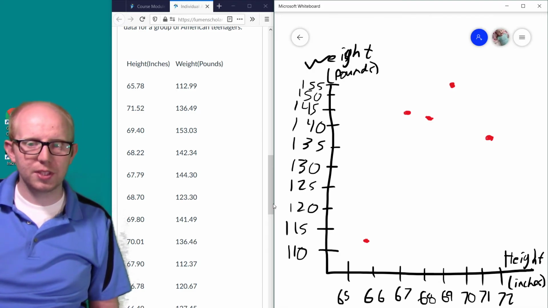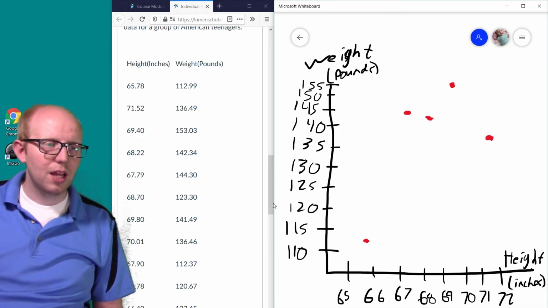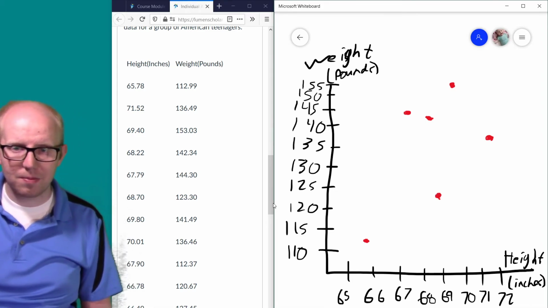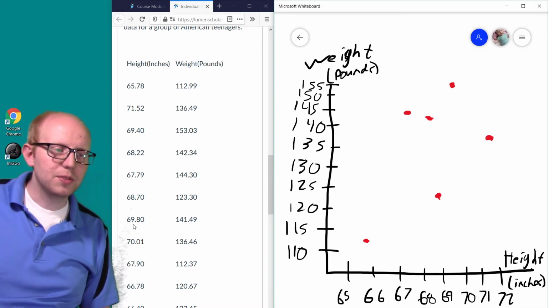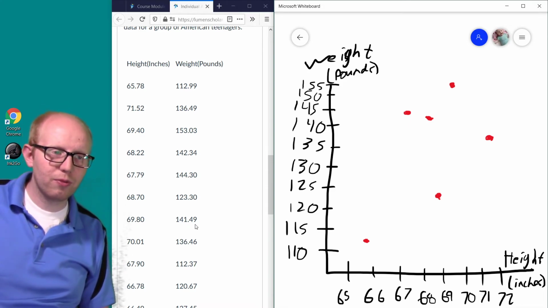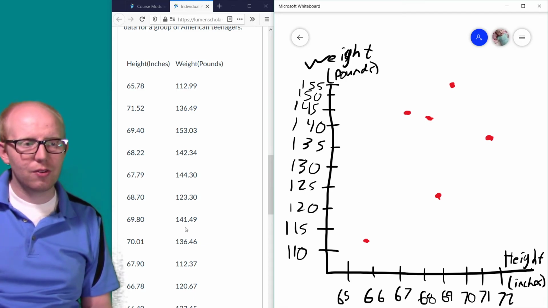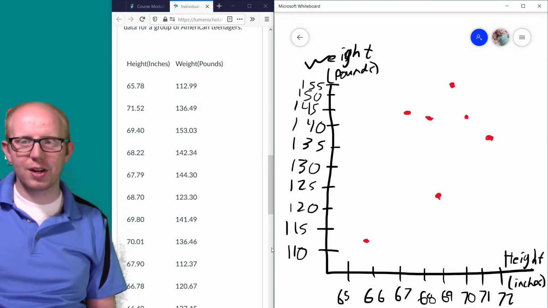So 68.70 is above 68, and 123 is just below 125, so that's around right there. 69.80, 141.49, so that's right around 70 and right below 142, so around right there.